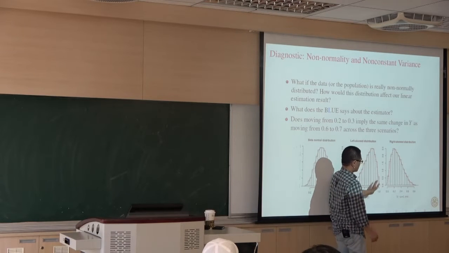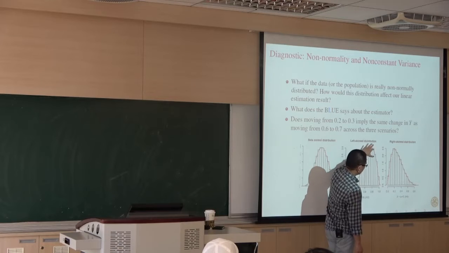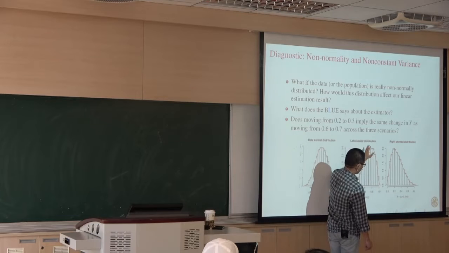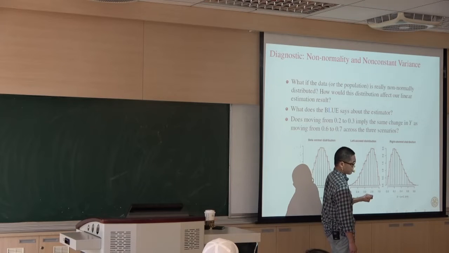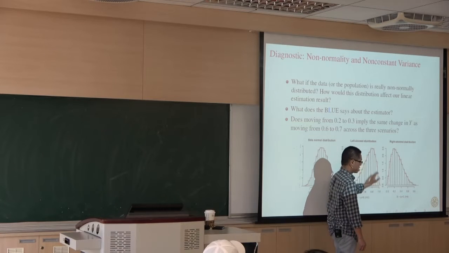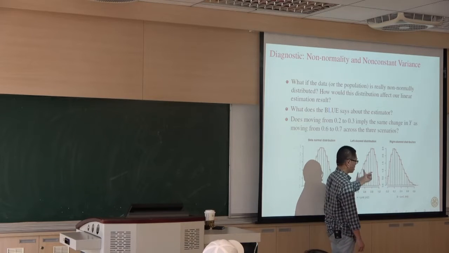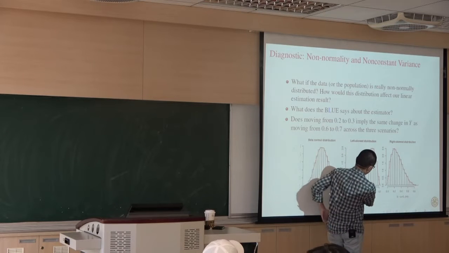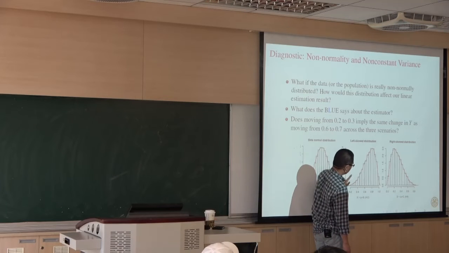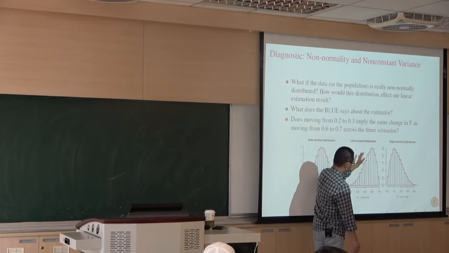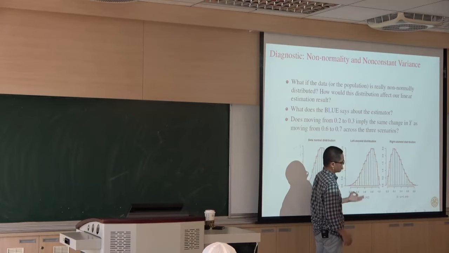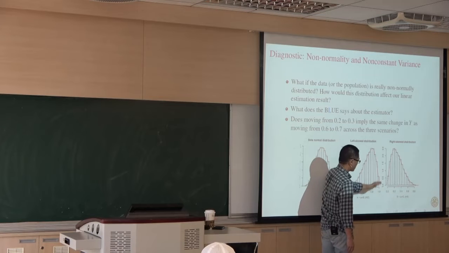For this part, you might get an estimation that is much steeper, so you might get a higher beta value. One unit increase here is associated with a higher beta value on the dependent variable. But for the left part of this distribution, since it's much less steep, the estimated beta coefficient will probably be lower than the right part.